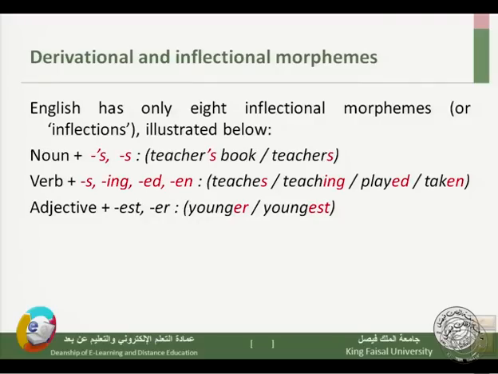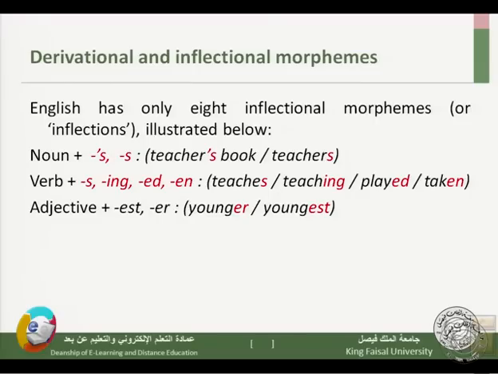So if we add an apostrophe s to the noun, we will get the teacher's book. That apostrophe s shows possession, while the second s in the example, teachers, gives the plural of the noun teacher.